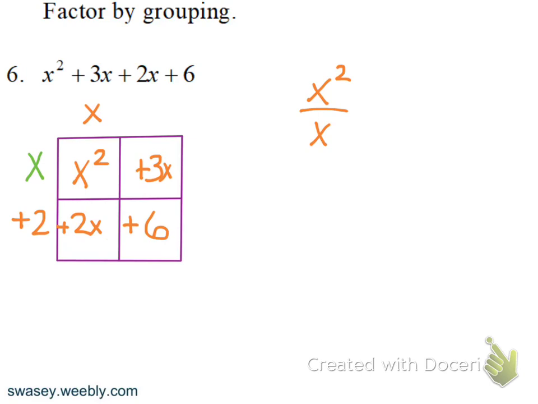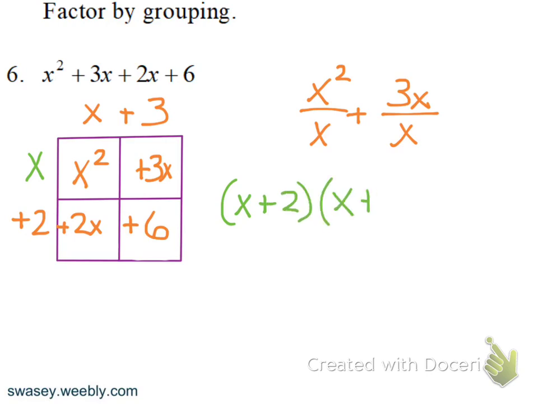And then 3x divided by x gives us positive 3. And we've got to make sure that 3 times 2 gives us the 6, which it does. So we have our factors. One of them is x plus 2, and the other is x plus 3.